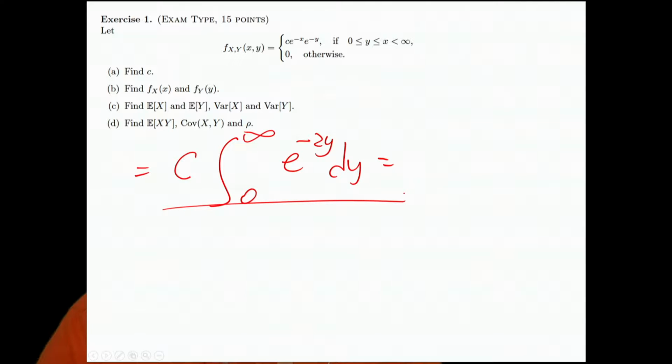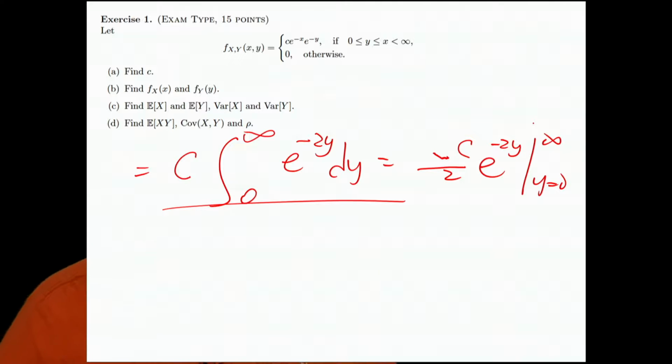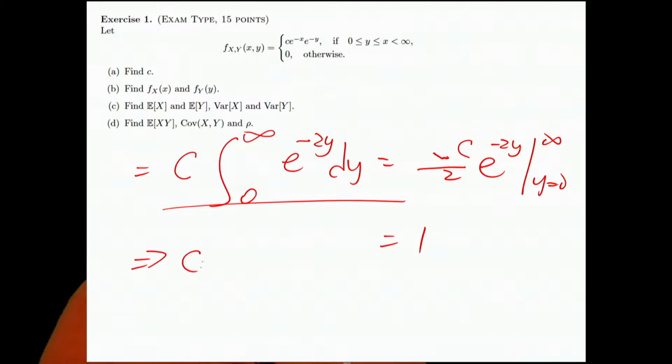And this one you can easily find. This is minus c divided by 2 e to the minus 2y, and y is from 0 to infinity. And this should be 1. Then we can find c equals 2.